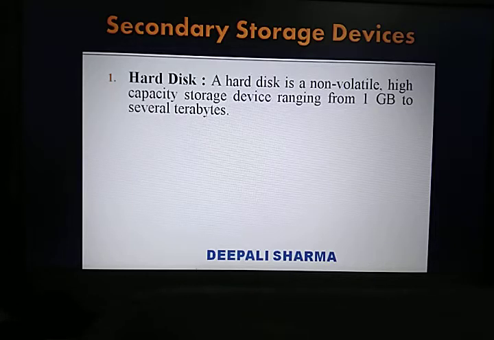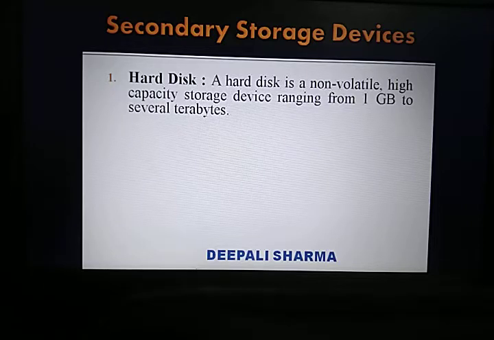The size of the hard disk can be different from computer to computer, and it is non-volatile. We know the meaning of volatile: whenever the power goes off, data is erased. But non-volatile means if the power is off, our data is still safe. In the case of power failure also, our data is safe. That is your secondary storage device.